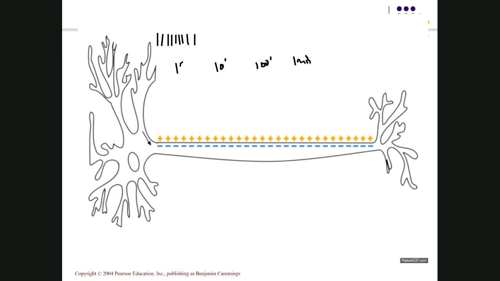Is it 5 miles? Is it 100 miles? How far do you think you could set up dominoes and make them fall down? Now, assuming you're on a nice flat surface, how far could you do it? Want to guess?